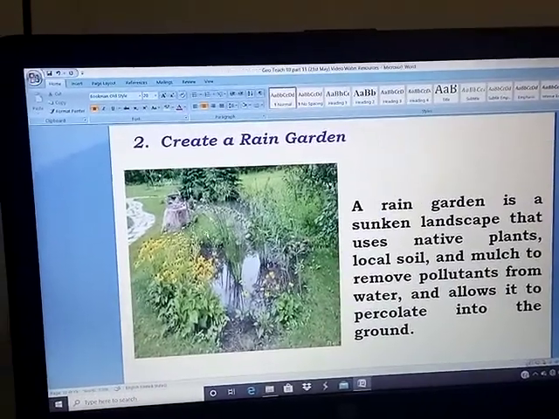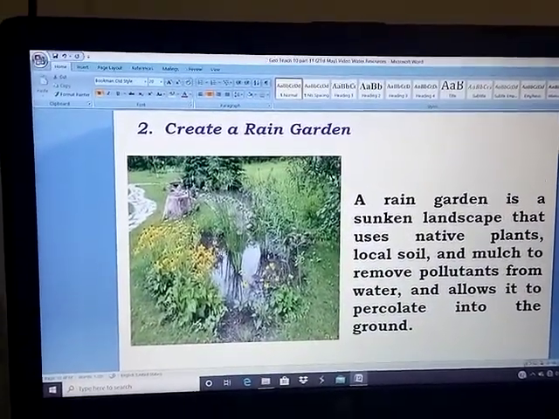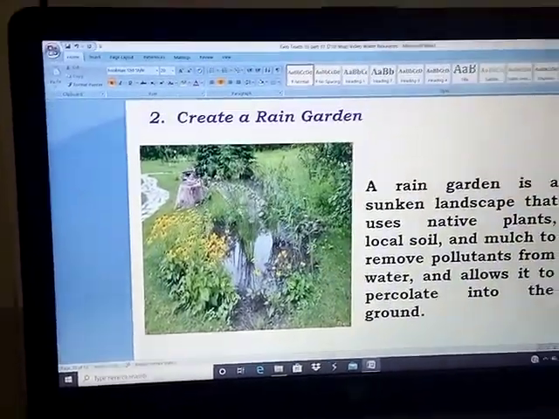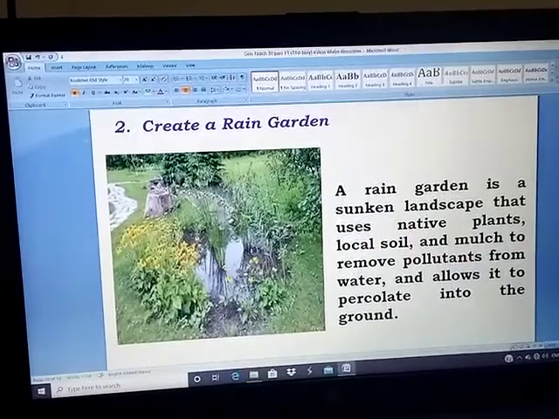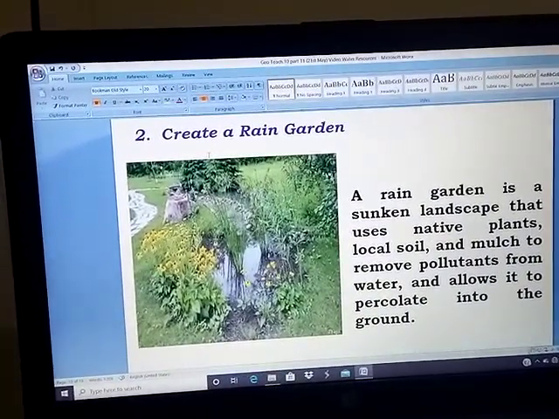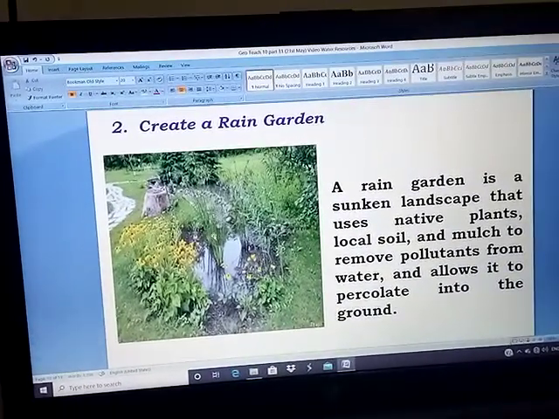So similarly, all this water that drains out through small streams and channels to the lower level, let them not go. Let them block it, and let there be a small pit in the garden, store it, and there create a rain garden. Water will be supplied from your rainwater.